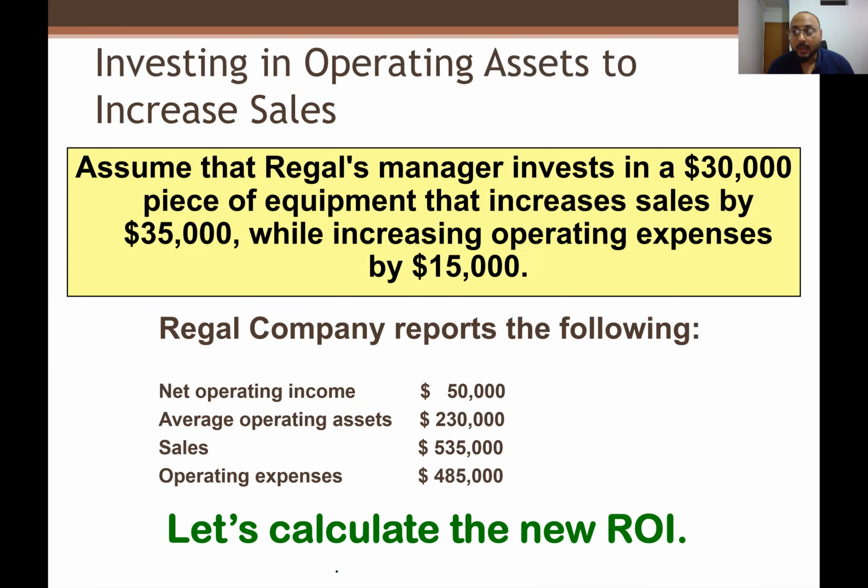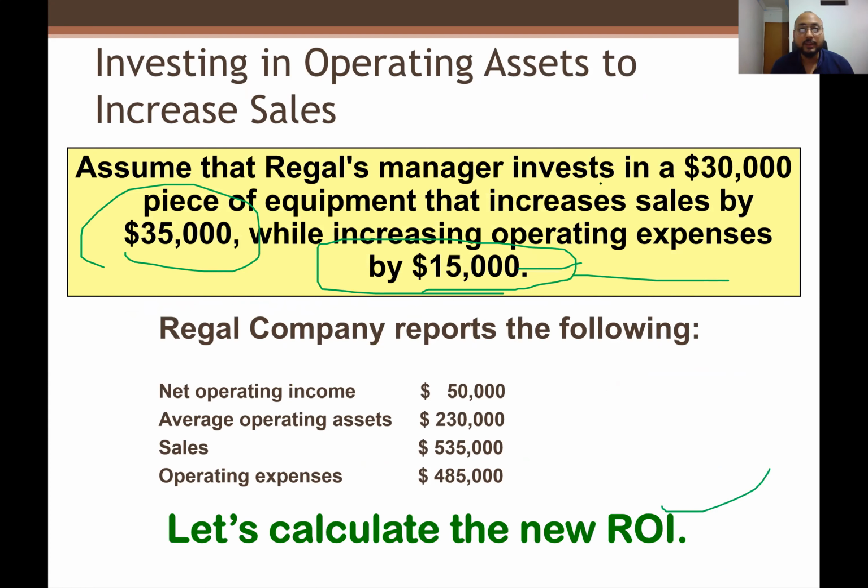Now, assume the regional managers invest 30,000 in pieces of equipment that increase sales by 35,000, but operating expenses increase by 15,000. So let's calculate the ROI.